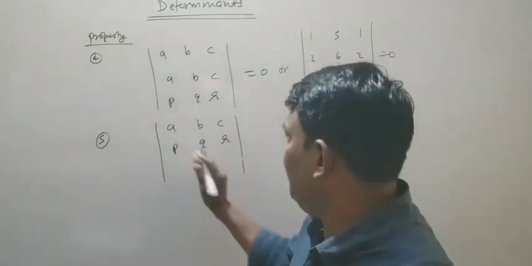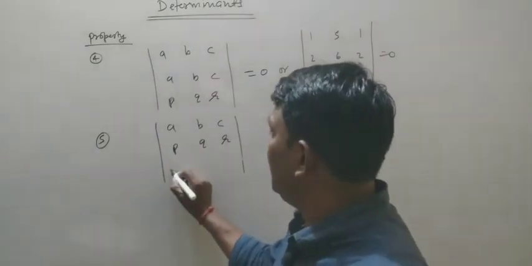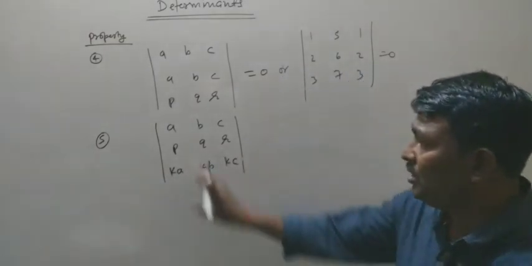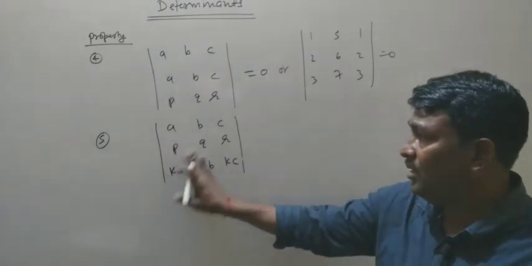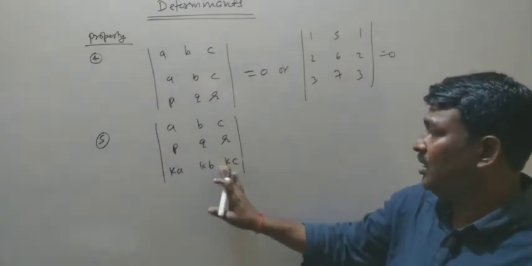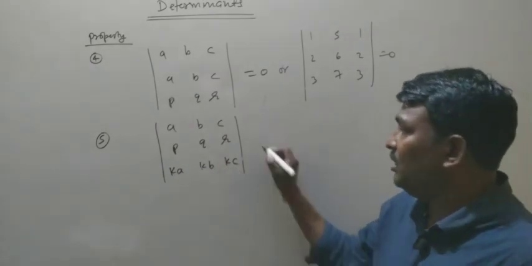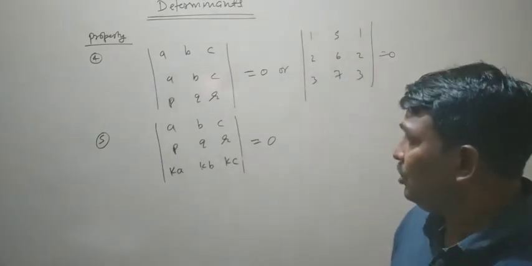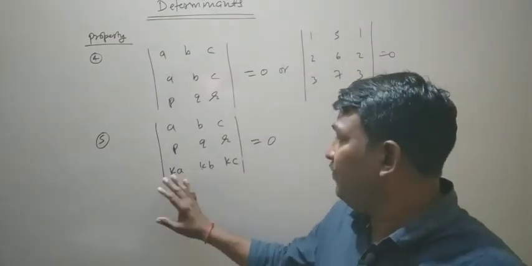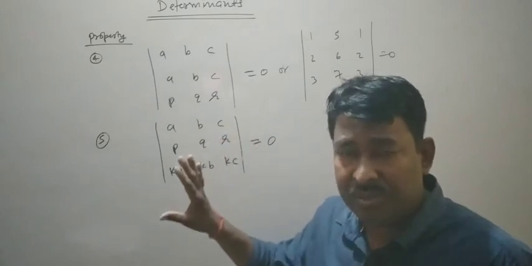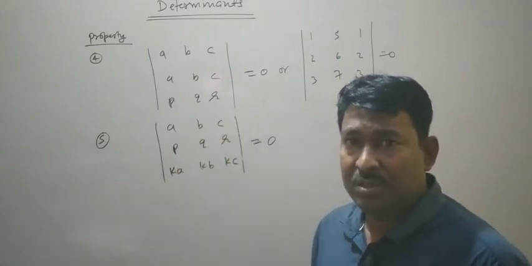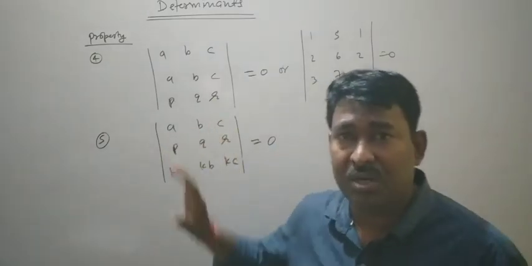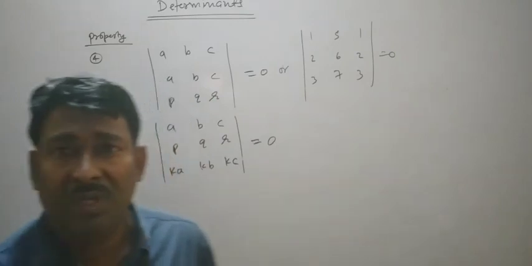For example, if it is not exactly A, B, C, but k times A, k times B and k times C, so see, this Ka upon A is K, Kb upon B is K, Kc upon C is K, then also its value will become 0. Is it clear? So here the rule is that if the elements of any two rows or any two columns are in the same proportion, then its value will be equal to 0.